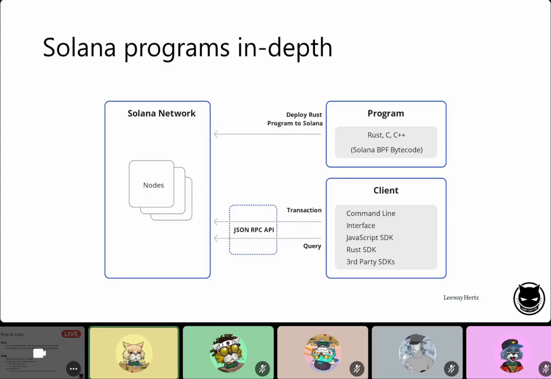And one of these on-ramps is basically just translating the JavaScript, whatever transaction or query your client is issuing, into a request that is sent to the various nodes or validators on the Solana network itself. And so now you can create transactions, you can query the Solana network, and you can do all of these things that allow you to execute programs, transfer SOL, mint an NFT, do whatever it is that you want to do with Solana. So that's generally how this entire model works.